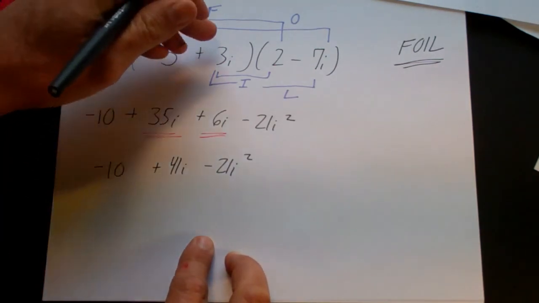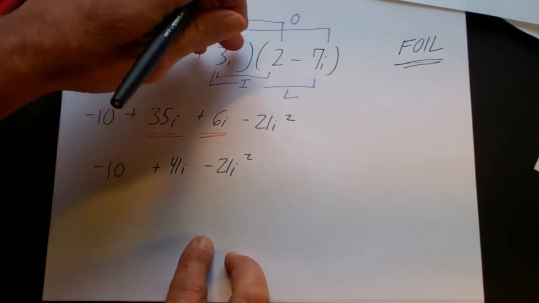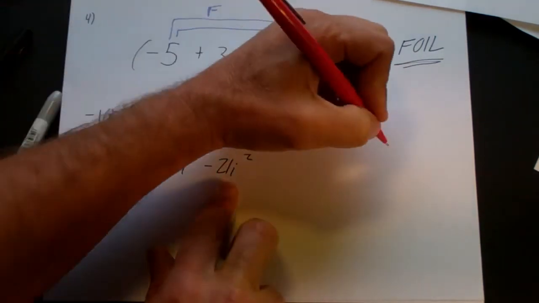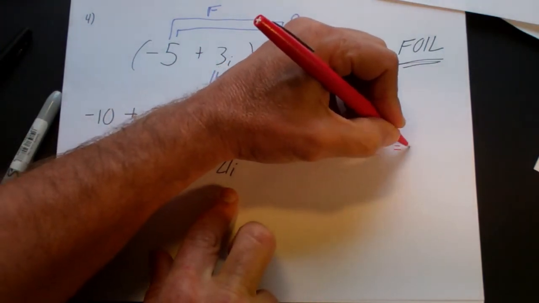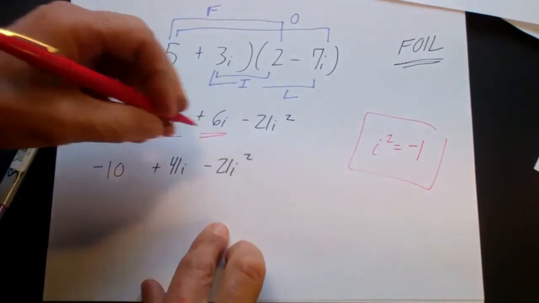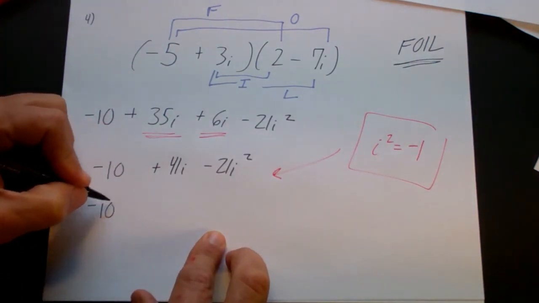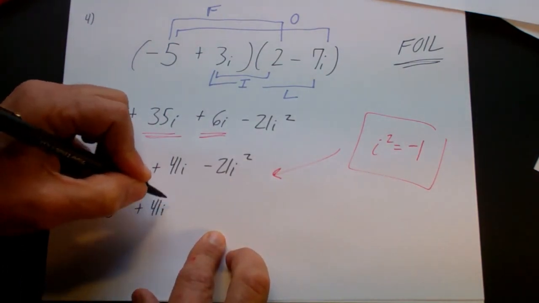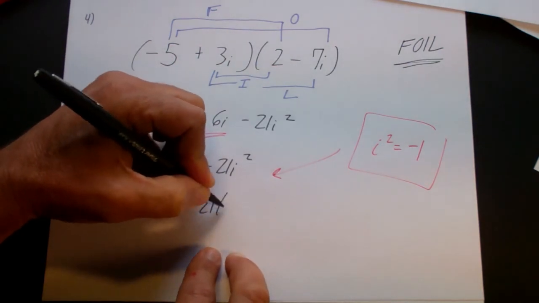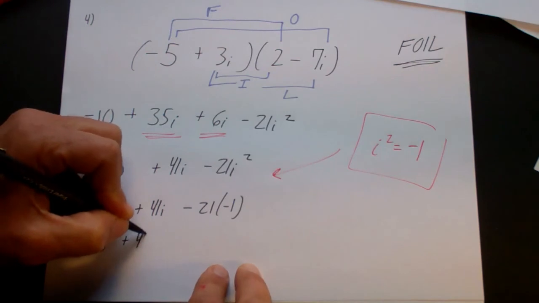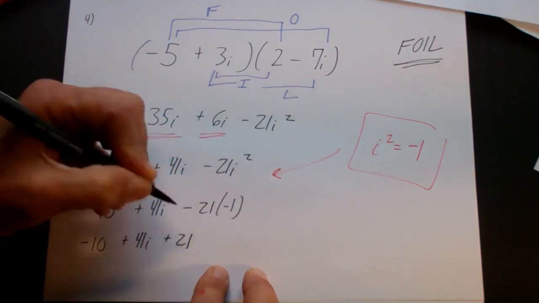So the first step is just to pretend that the i is a variable and treat it just like you would if it was an x. Then once you get i squared, you're going to remember that i squared is minus 1. You're going to plug that in. So then you have minus 10 plus 41i minus 21 times minus 1, or minus 10 plus 41i plus 21.